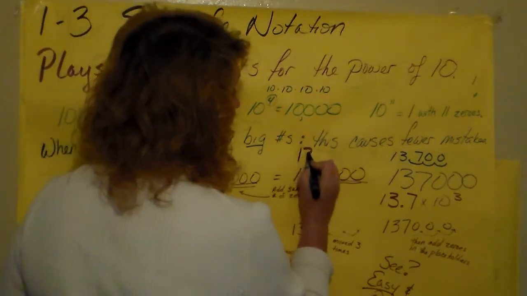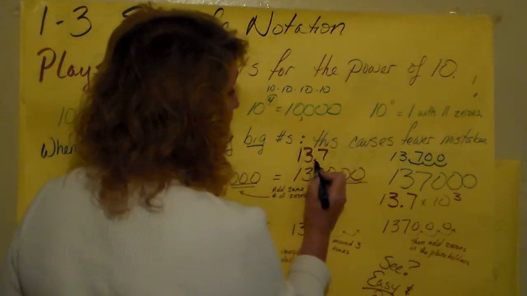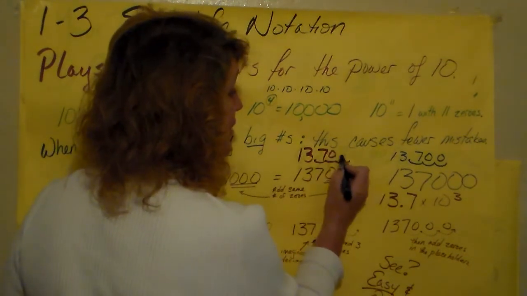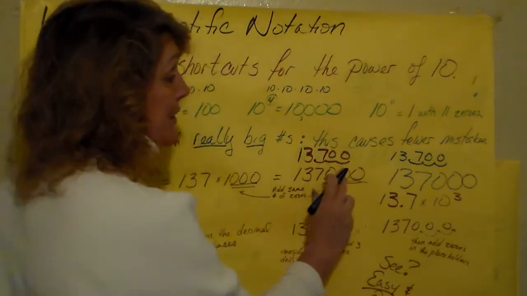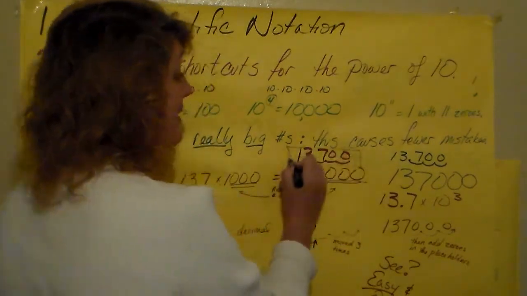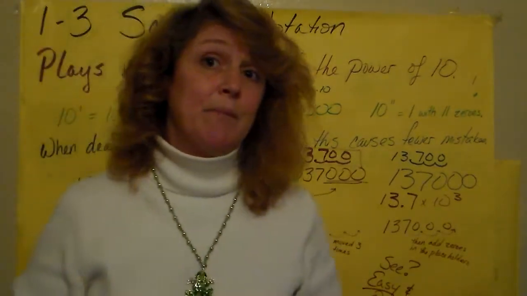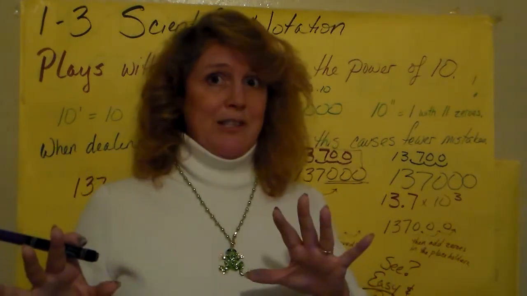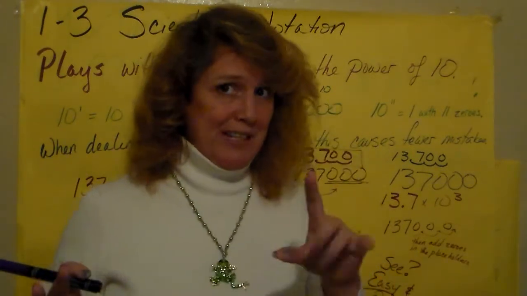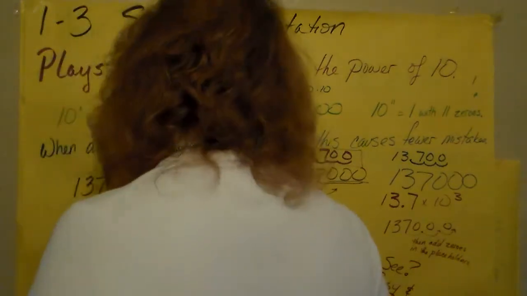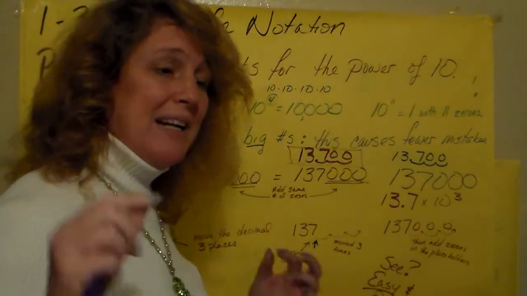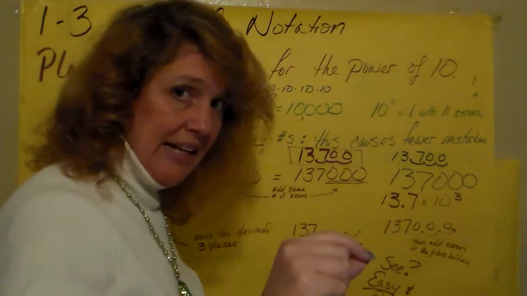So here, 13.7, and I'm going to move it 1, 2, 3 places. So now I'm going to fill in the 2 places that are blank. And now that number is this. So if you understand that adding zeros and moving decimals is the same thing, it kind of gets you in the right mood because we're going to take that to the next level.